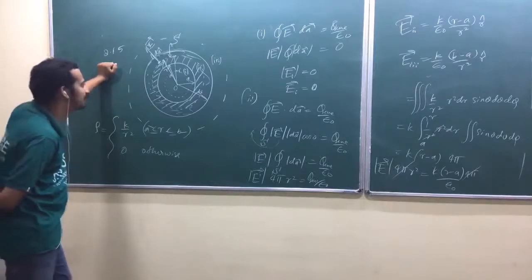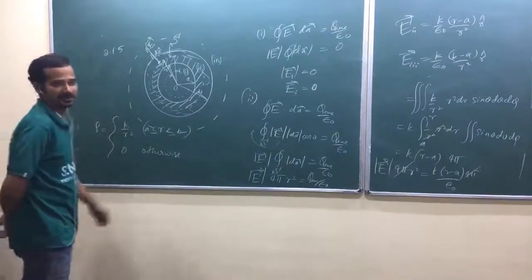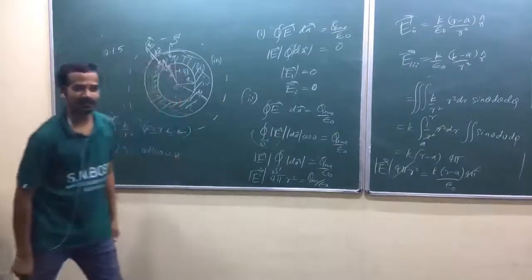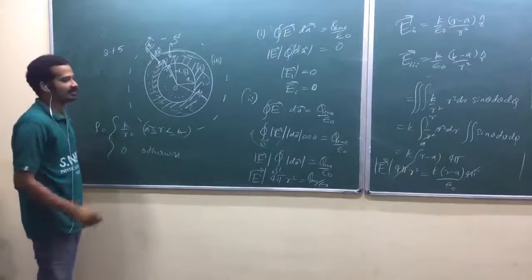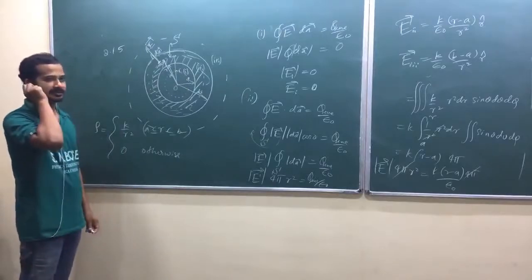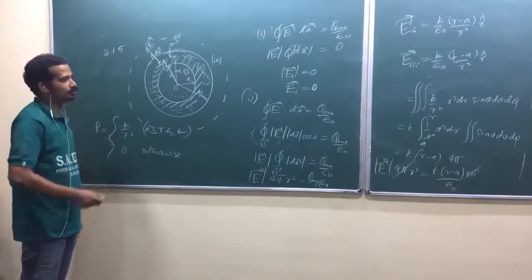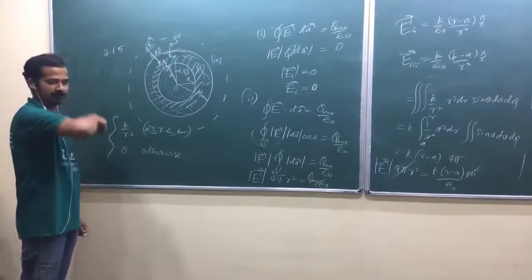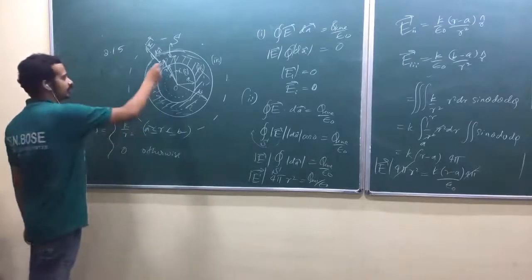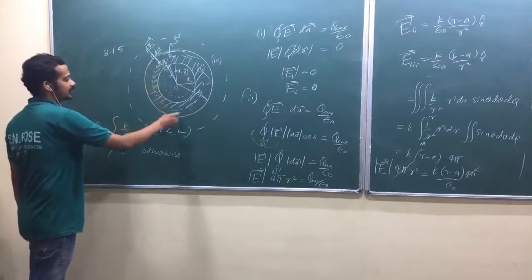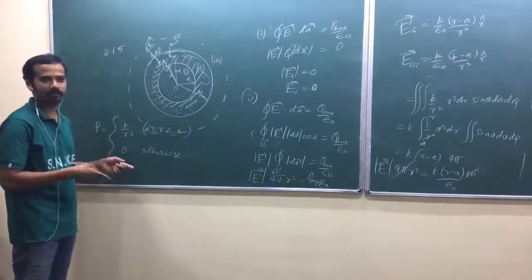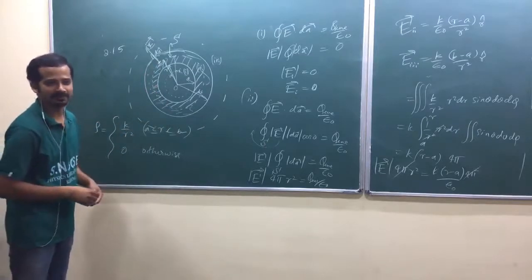In mathematics, that kind of problem will come, isn't it? Are you getting his question? It's a kind of limiting case. I don't know how to make that mathematical statement. His question is whether we have taken the charges on the Gaussian surface or not.